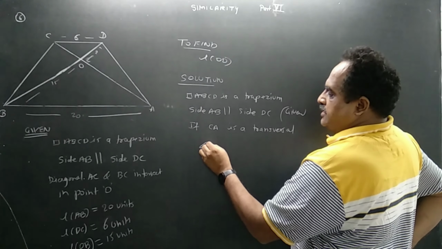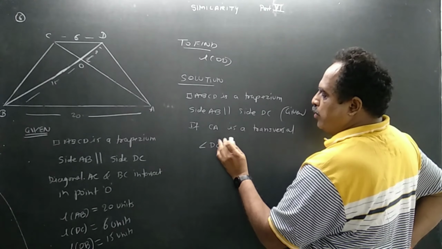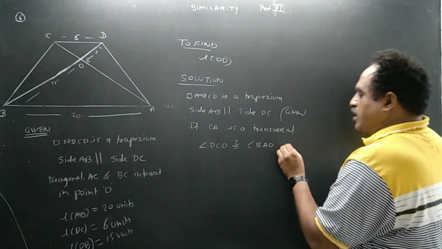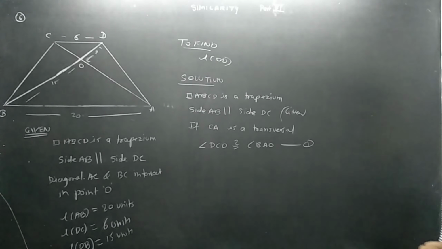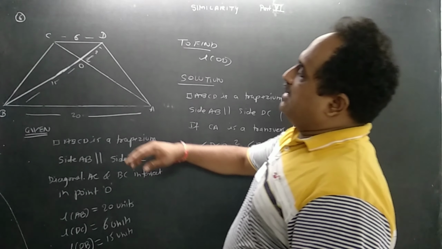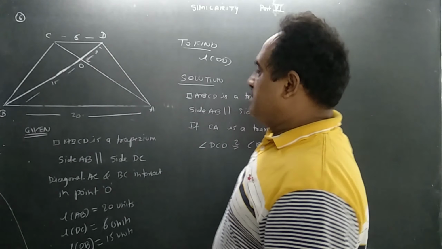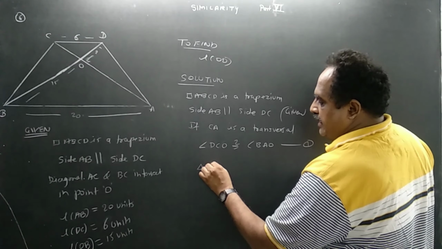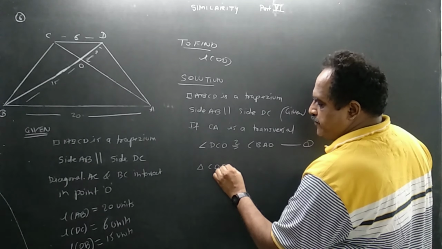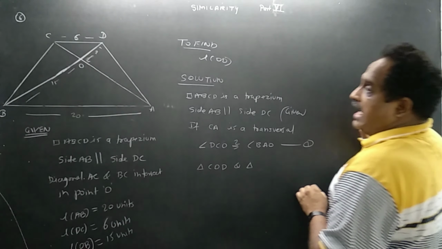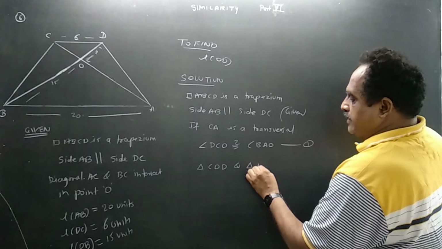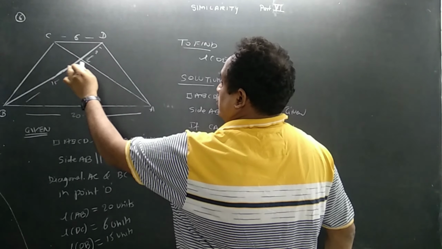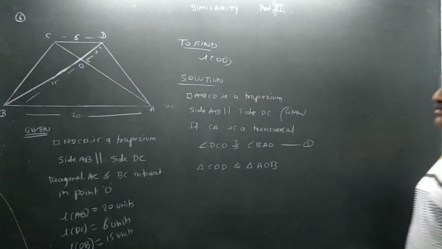Angle DCO is congruent to angle BAO. Take this as equation 1. And now we are going to consider these two triangles. As previously, we are going to do triangle COD and triangle AOB. Once again take C with A, O with O, and D with B.